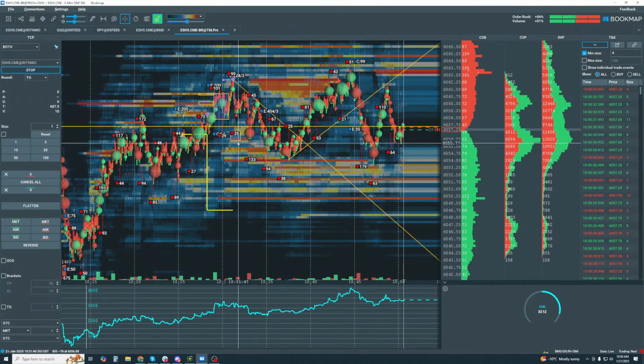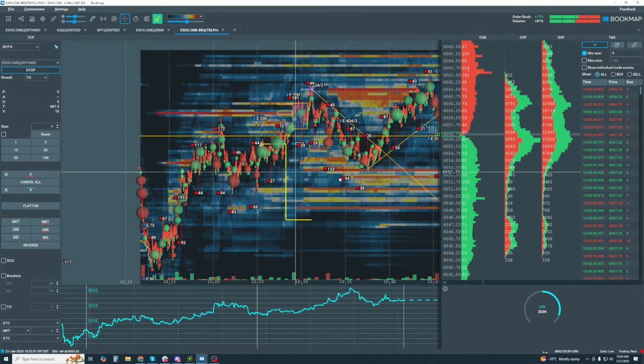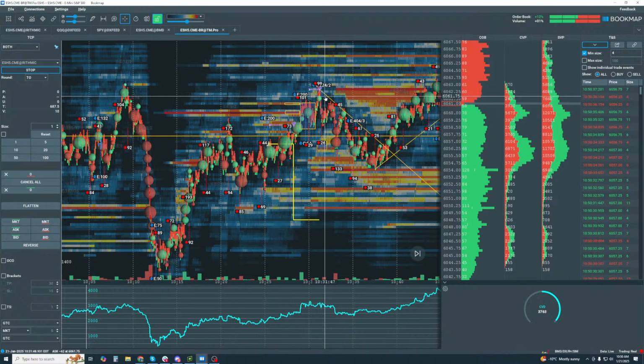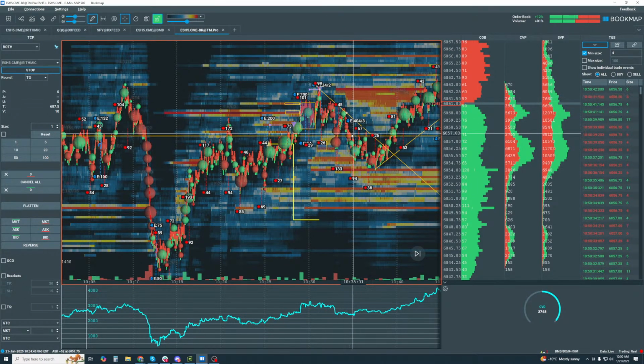So let's take a look at our trade. And I want to start doing this more often with you guys: what did we do right? What did we do wrong? Learning from our trades in here.